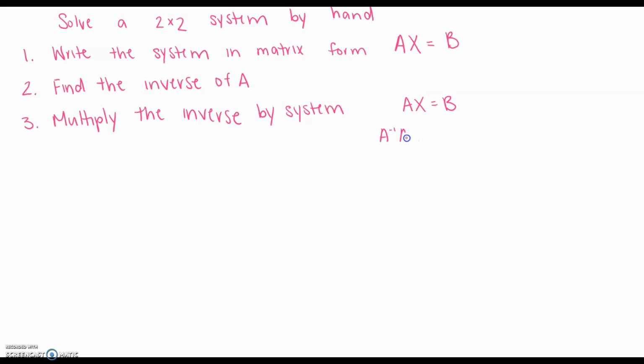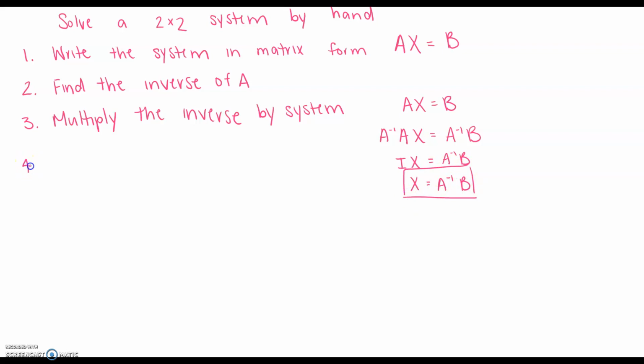So you're going to multiply the inverse on both sides. What's important is it's going to be on the left because the order matters. On the left side, you're left with the identity matrix equals X, which is perfect because then we get our variables by itself. And then on the right side, you're left with the inverse of A times B. And this is what is important, and you're going to have to show that.